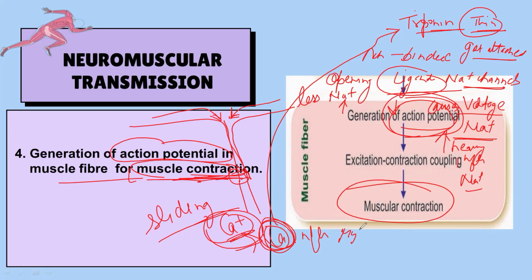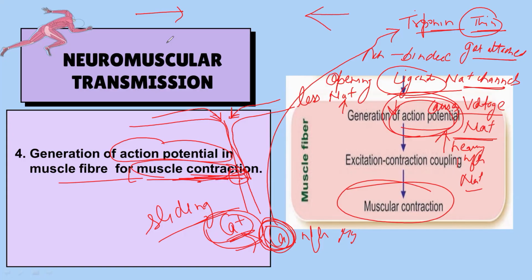When the myosin head attaches to the active site of the actin protein, there is a formation of a cross bridge, and this cross bridge causes a stroke with the help of ATP, and this tilting of the myosin head pulls the actin filament from both sides towards the center.